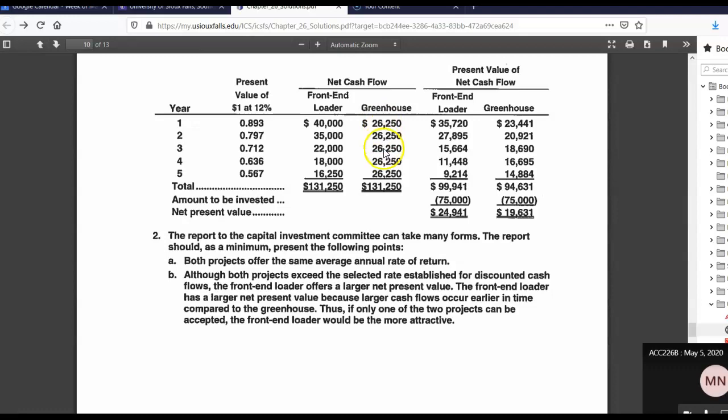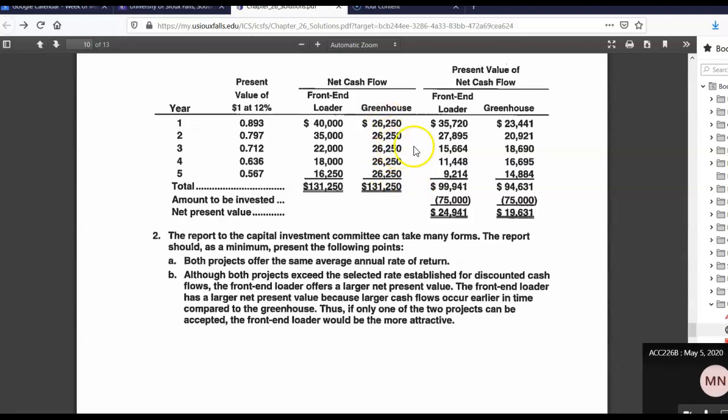On the flip side, if I'm going to get 26,250 in 5 years, what is that worth today? 14,800. Does that make sense? Because if I put $14,884 in the bank today and not touch it, for 60 months, it will grow to 26,250.